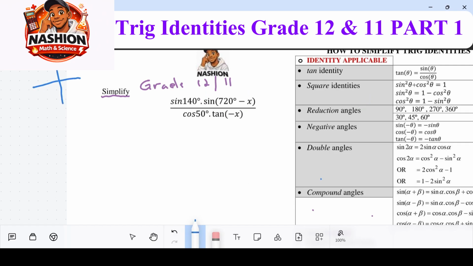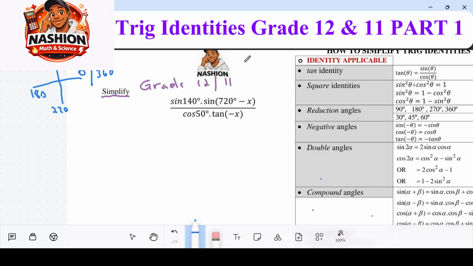Remember, in our CAST diagram, we start with 0, then 90, 180, 270, and a complete revolution will be 360. So our biggest angle is 360. So this 720, it must be brought back within the domain of 360. Whenever an angle is bigger than 360, we take our calculators and subtract 360 from the given angle.